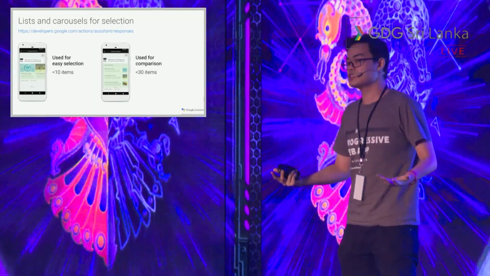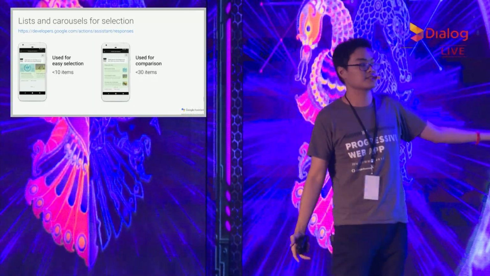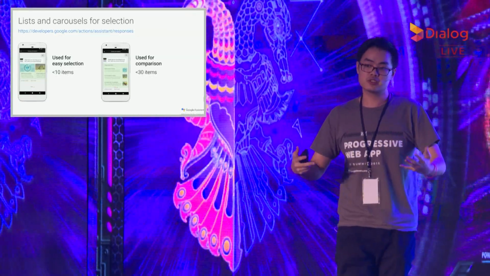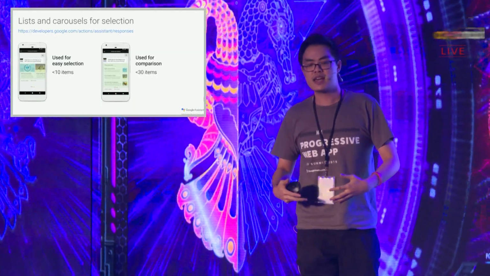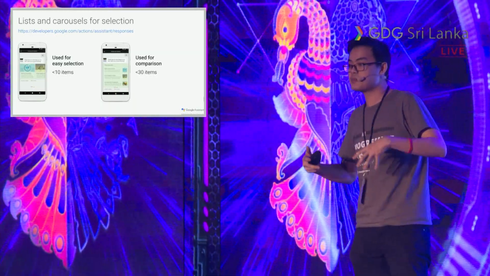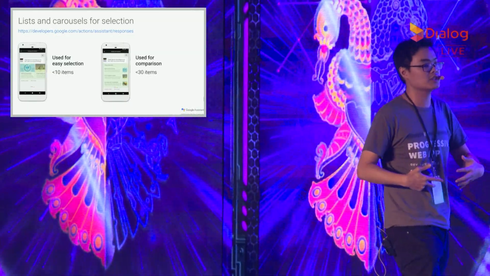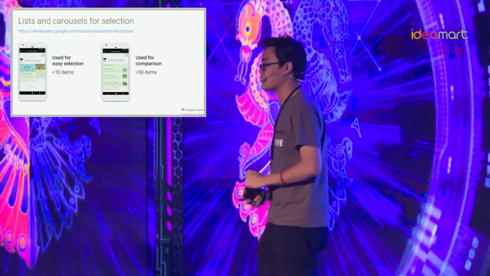So Google can actually tell you all the answers you need and show them in the form of a carousel or a list. So that way, you as a user do not need to listen through every item. Let's say you have 10, 20 items, and sometimes you don't like someone yapping in your ears, nagging you, right? So it is best to present that information in the form of a UI, in this case, a carousel list or a list of items.